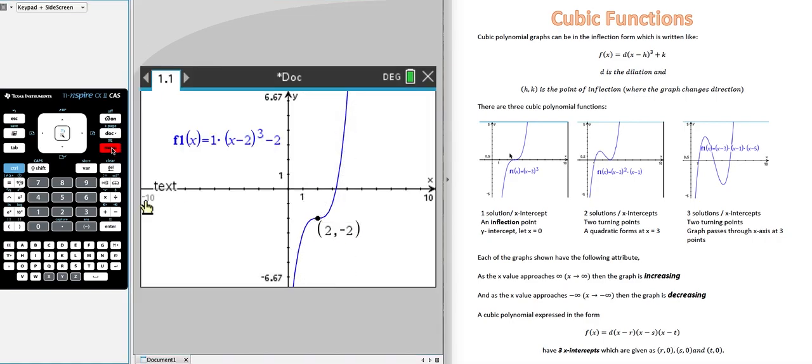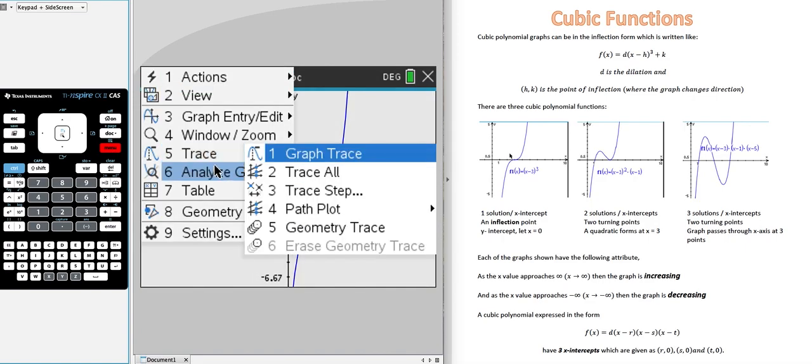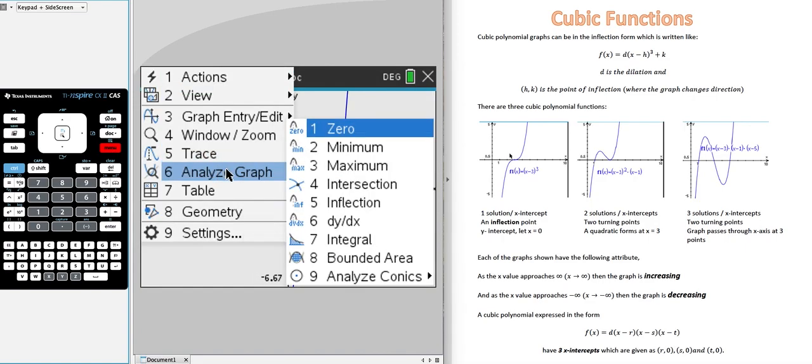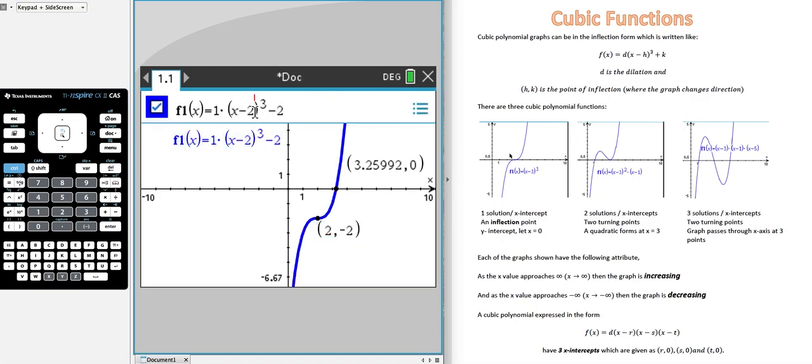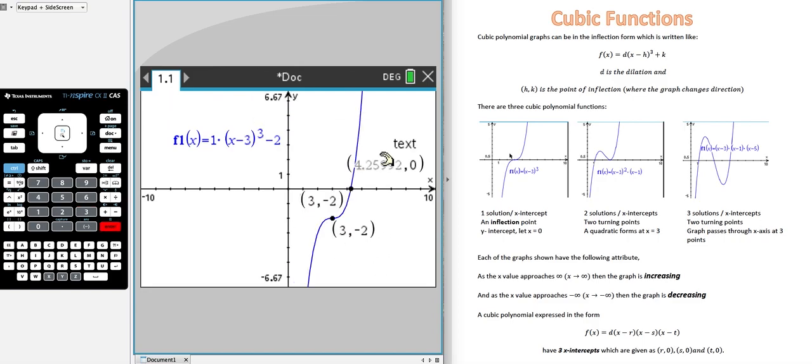There's my inflection point. If I don't know the x-intercept, I can also find the x-intercept by analyzing the graph and having it for 0. There's my intersection point. But no matter what I do, I still find that inflection point.